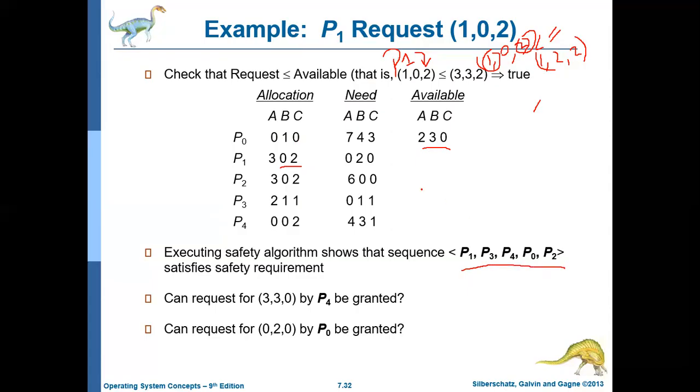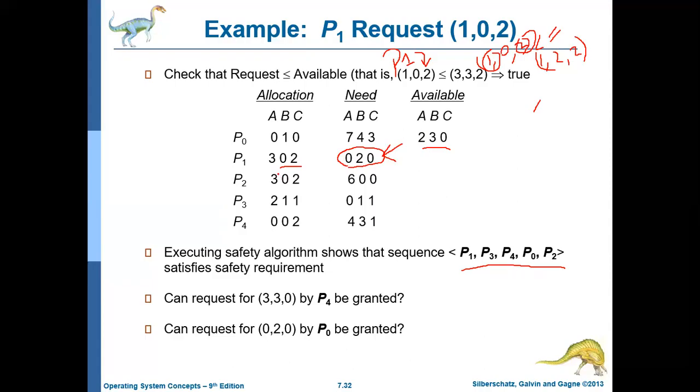You can check. What is P1? P1 needs 020. What is available? 230. So this is less than available. So if you satisfy all requests of P1, P1 will complete, and it will give back all its held resources.